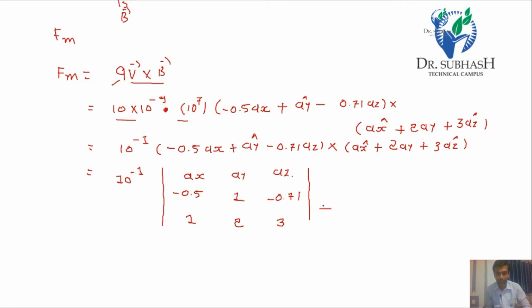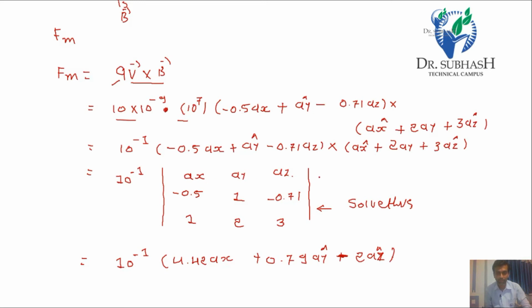If we solve this, we get 10^−1 (4.42 ax + 0.79 ay − 2 az).